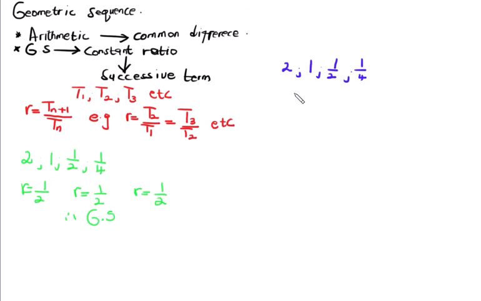Remember we talked about the common ratio. We said the formula is simply R is equal to, for example, T3 over T2. And in this example, we found out that R is 1/2. So we have a half is equal to T3 over T2.